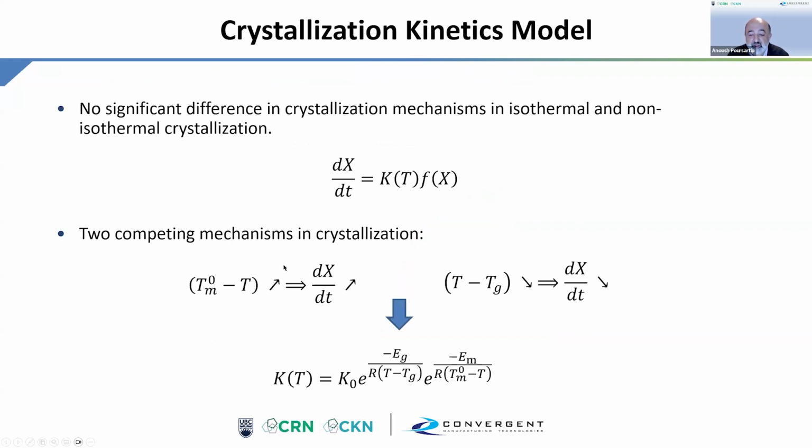So that drives up the crystallization rate. However, the colder the material, the less mobile it becomes. So that slows down the crystallization. So the net effect of temperature is a fight between a driving force which increases with reduction in temperature and a mobility which decreases with that reduction in temperature. That's what gives us that peak behavior in the middle.